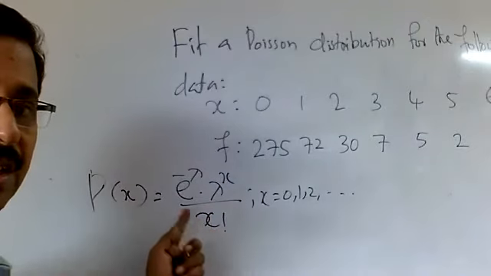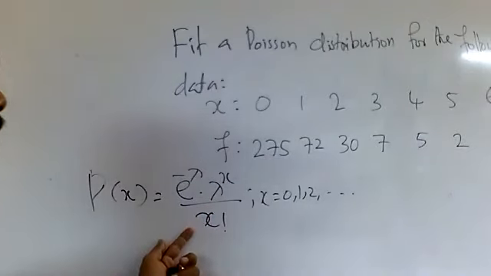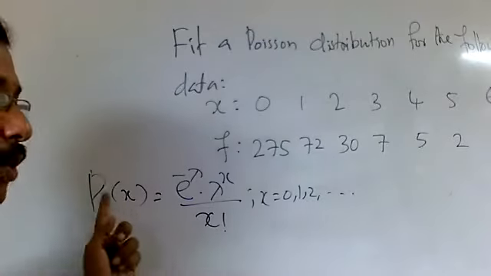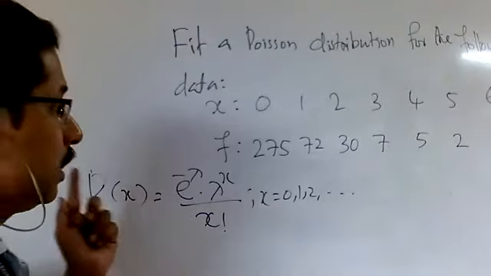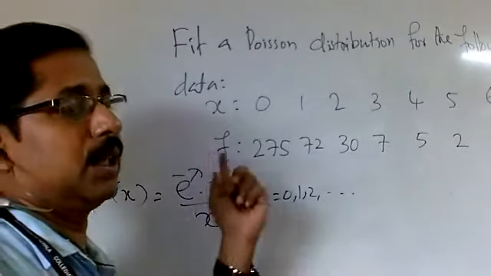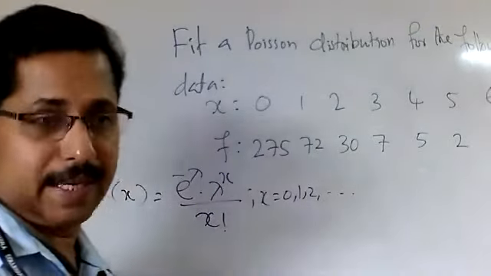It is the probability that X takes the value 0. If you put 1, you will get the probability of getting 1. In that way, you can find the probability at each and every value of x.